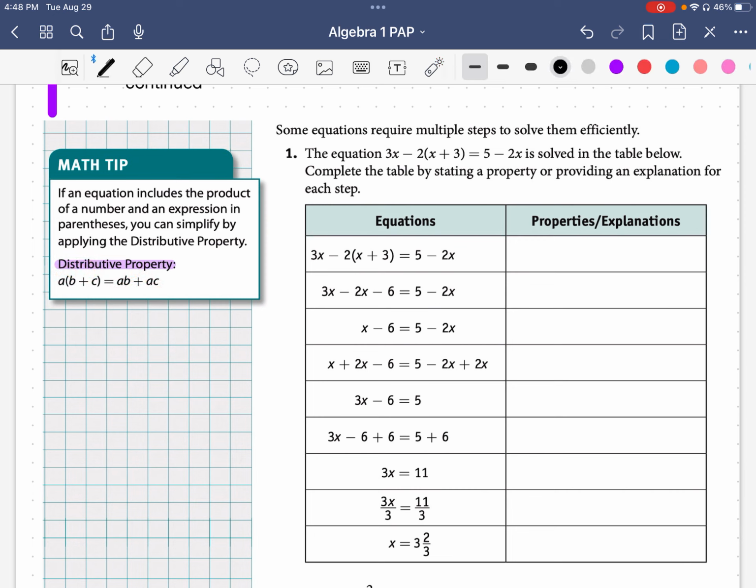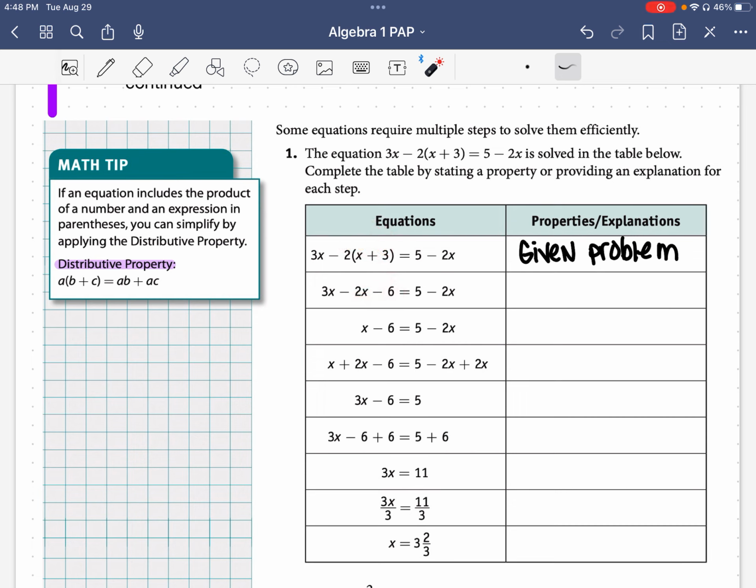All right, so the first part of our table here would simply be our given problem. This was the problem that we were asked to solve, or this is the original problem. Both of these are adequate explanations. Now, it looks like what they've done here is they've distributed the 2. 2 times x gives us 2x. 2 times 3 gives us 6.